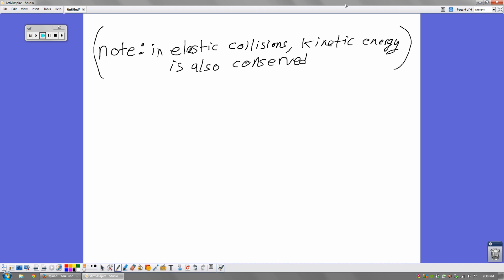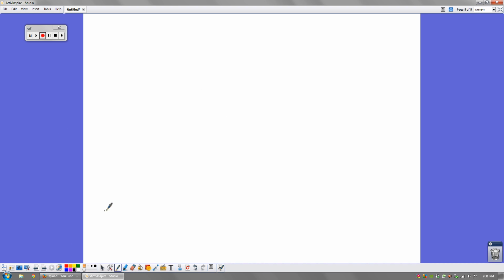Alright, and now don't worry about it. I will explain more about this next unit. Suffice to say, for now, in inelastic collisions, this is not true. It is something special for elastic only. But again, don't worry about it. Next.